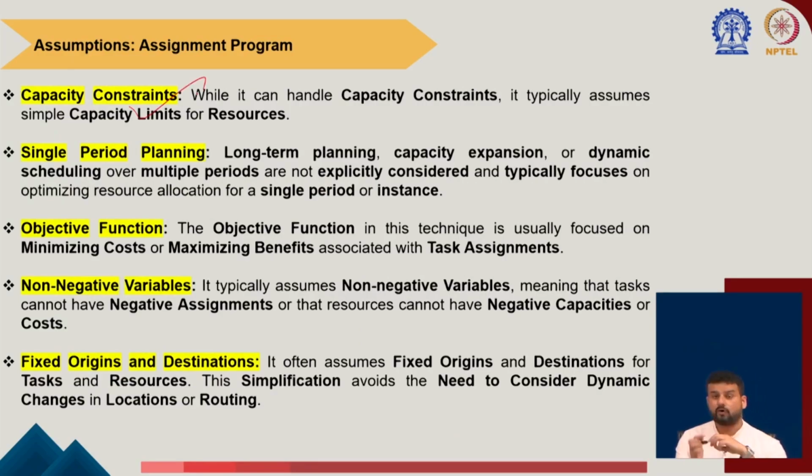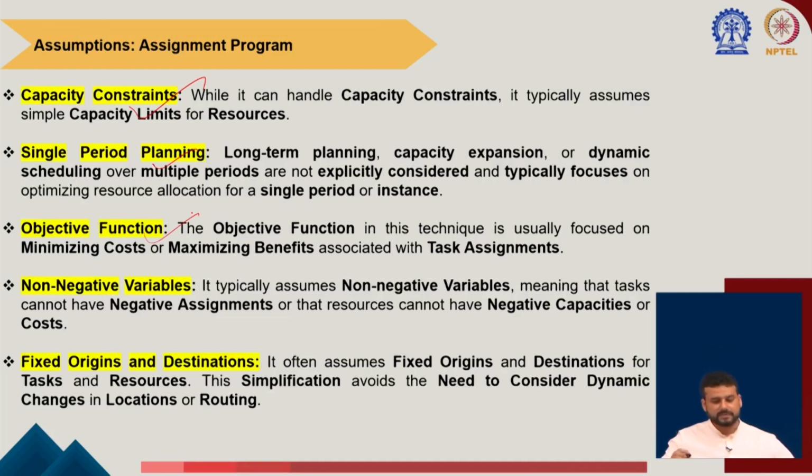Capacity constraints: obviously we should know what the capacity constraints are. And this is single-period planning, because right now if I run the model, whatever solution is coming is best right now, right? I cannot say that this is for the long term.